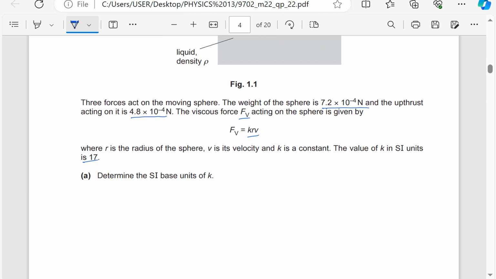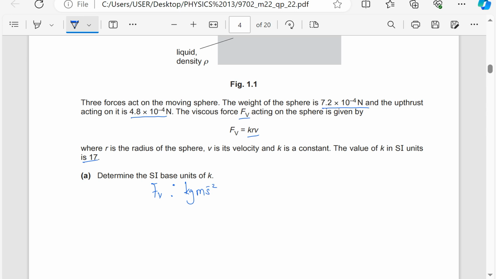So these are base units. Fv is force. The base units of force are mass times acceleration, which is kilogram meters per second squared. I don't want to put equal signs on base units, so I'll use colons.